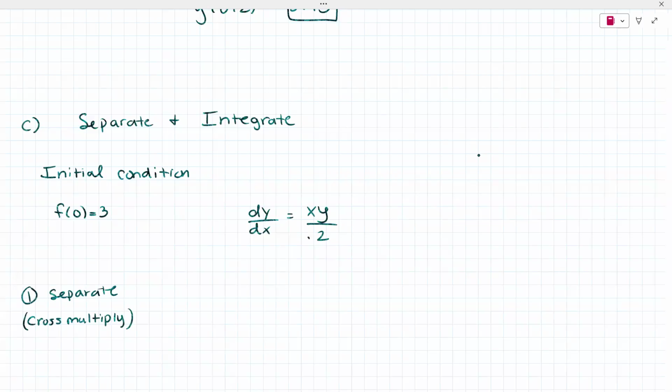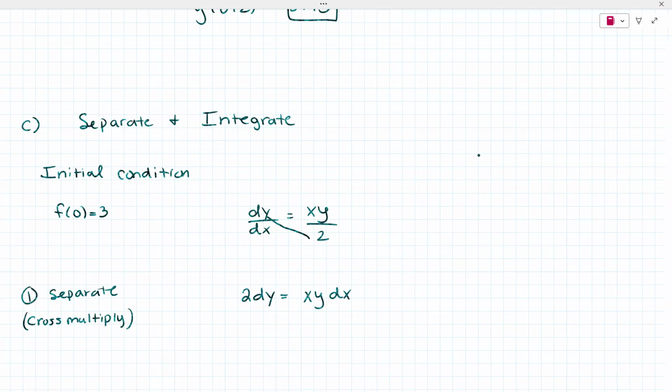This would be 2 dy equals xy dx, right? And then what I would do is get all the y's and all the x's.